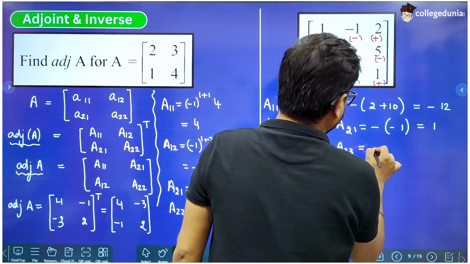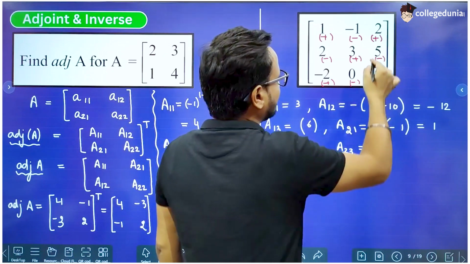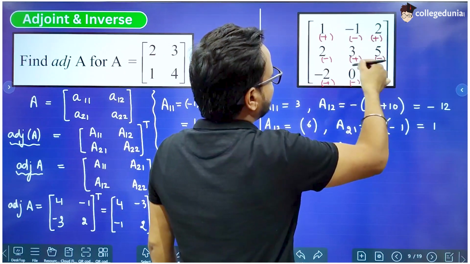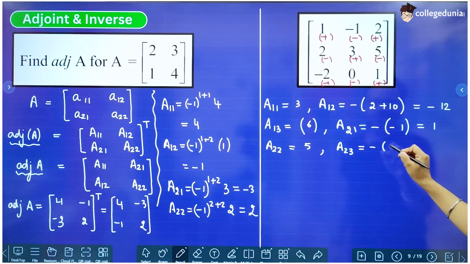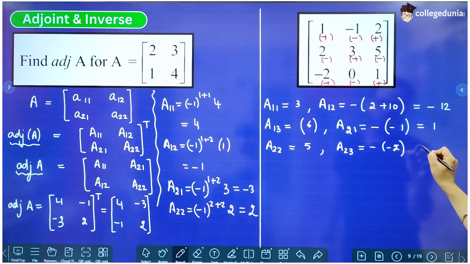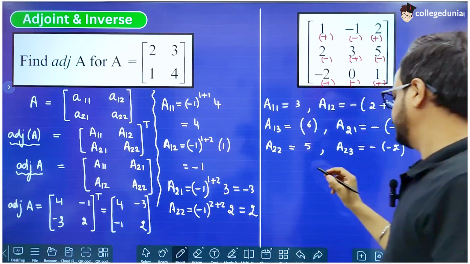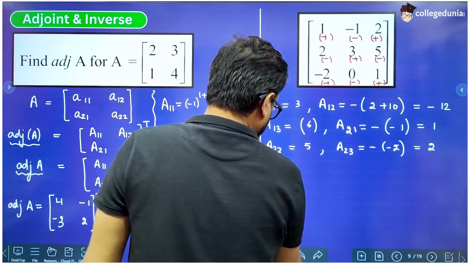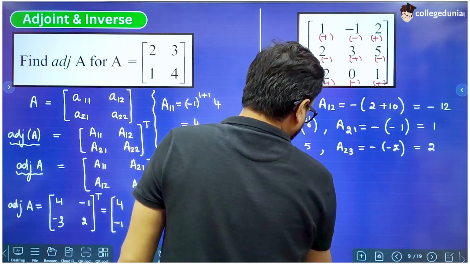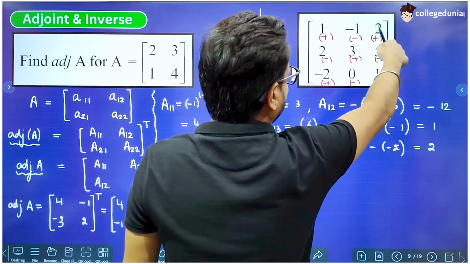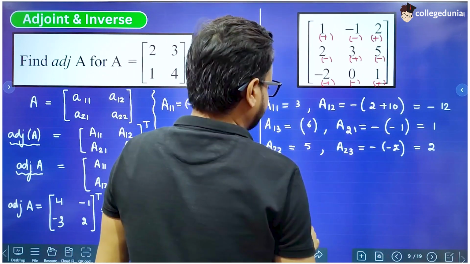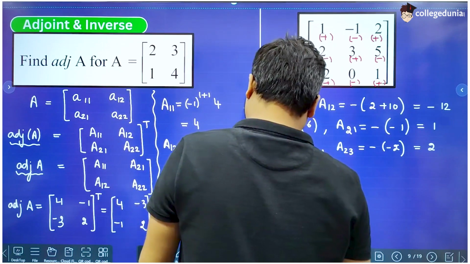A23, wrote negative, 0 minus 2, so that is 2. A31, it is positive, so minus 5 minus 6, minus 11.